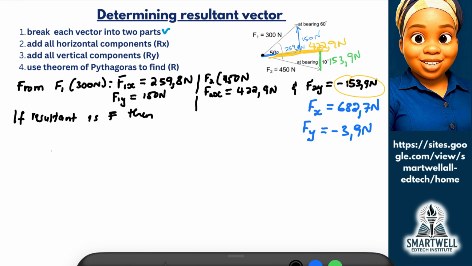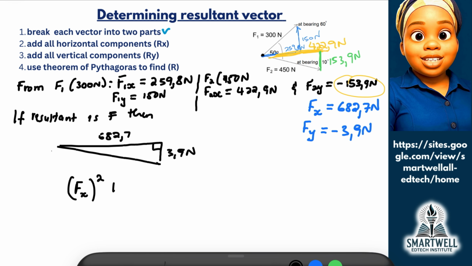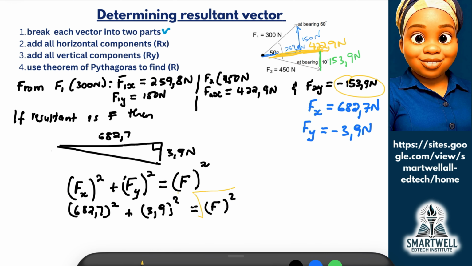Now let's determine the resultant. According to the diagram, our resultant force is the hypotenuse, so we apply the Pythagorean theorem. We have Fx squared plus Fy squared is equal to F squared. Substituting the values, we have 682.67 squared plus negative 3.9 squared. To find F, we take the square root of both sides.